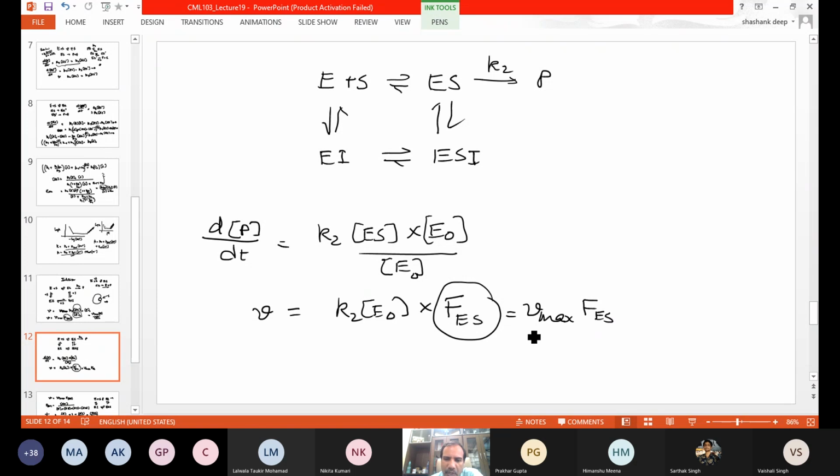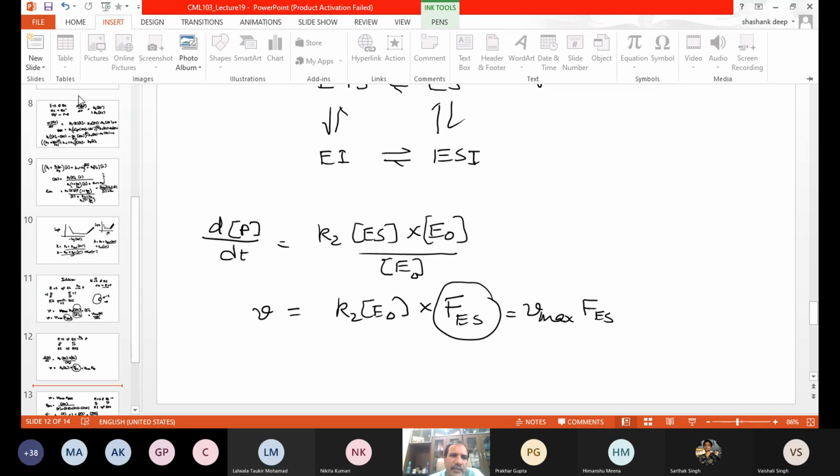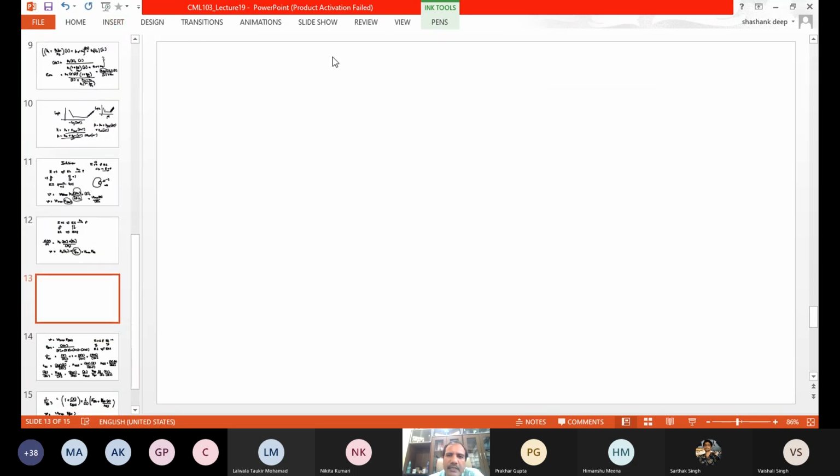If you remember the Lineweaver-Burk equation, it has V, it has Vmax. The only thing it doesn't have is FES. So let us go and calculate FES. Here again I will write this scheme: EI, ESI, and this is P, this is K2.